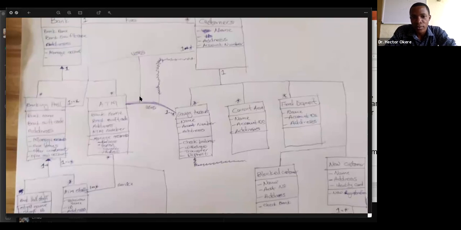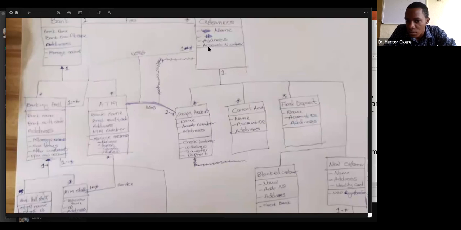Now, one or many customers can use the banking hall. You can see this arrow here, one or many banking halls, and can also use the ATM.